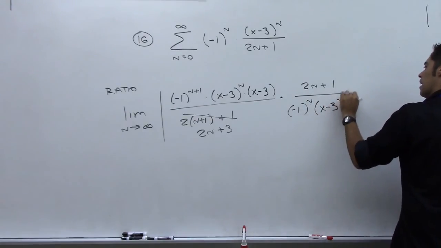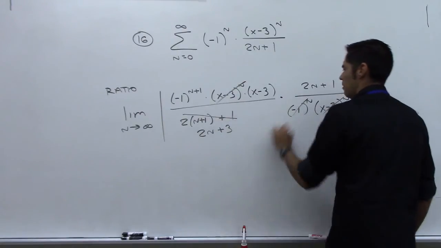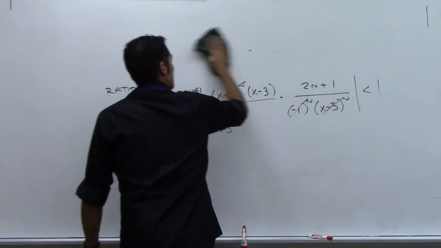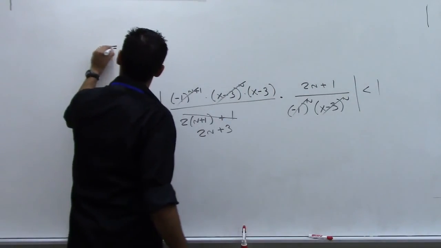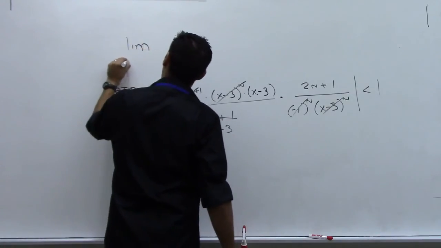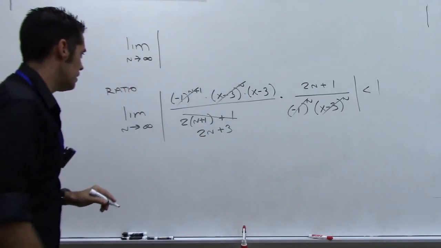X minus 3 to the n, I need that less than 1. So start canceling stuff out. These don't matter. And so where we are is limit as n goes to infinity, absolute value. Okay, let's get all our n stuff together.